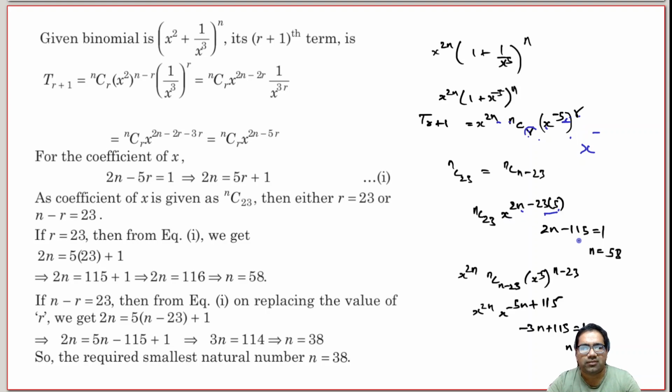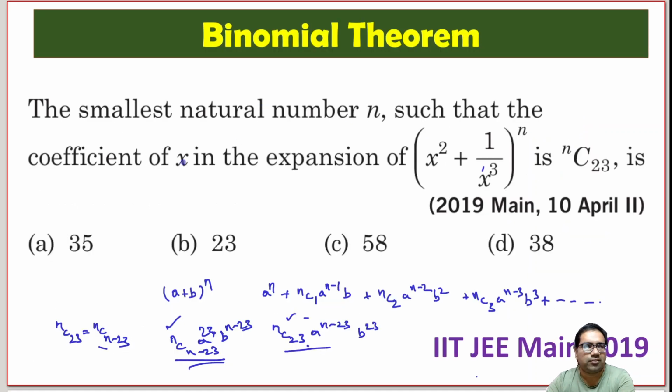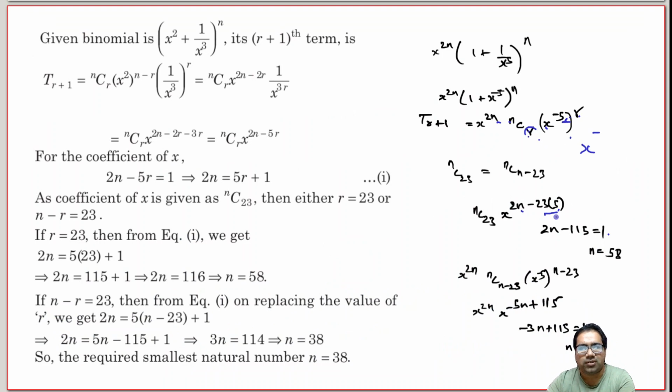This 2n − 115 should be equal to 1, because the question is about the coefficient of x, so the power of x is 1. That means n equals 58.